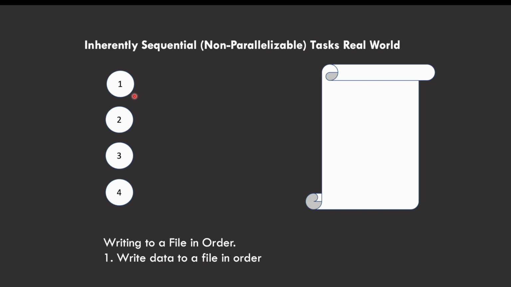The 4th thread can finish before the first, and so on. So what we need to do is, even if there are multiple threads, the threads need to go one after the other as follows. First 1 needs to write, then 2 needs to write, then 3 needs to write, and then 4 needs to write, right? They cannot write ahead of the previous number. So that's how this task is also sequential in nature.